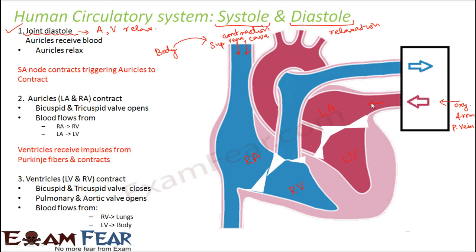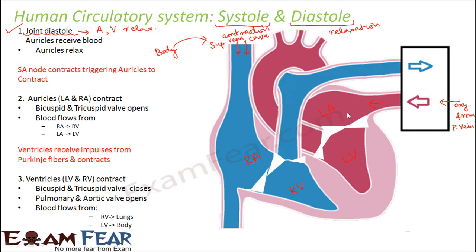So the pulmonary vein carries the oxygenated blood to the left auricle. Right? So this is what the auricles are doing. Right now all are in a relaxed state, but the auricles are receiving the deoxygenated and oxygenated blood respectively. Okay, that is the first step.